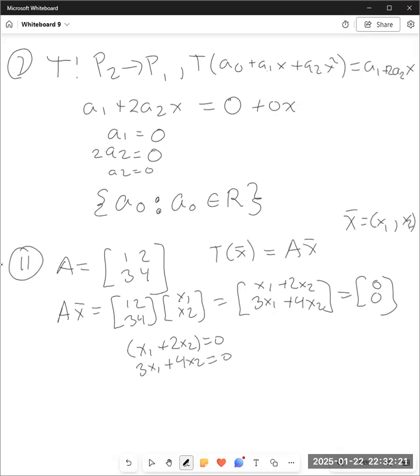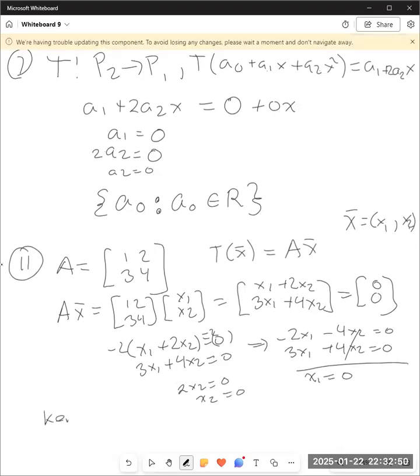Let's multiply the top equation left and right by -2. And that gives me -2x1 minus 4x2 equals 0, and 3x1 plus 4x2 equals 0. That lets me know that x1 is equal to 0. If x1 is 0, then 2x2 equals 0, and x2 is 0.